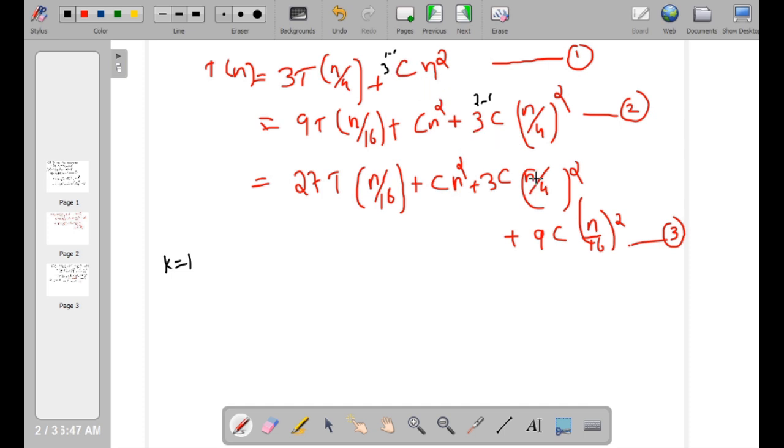In the third equation I can write 3 raised to equation number 3 minus 1. In general I can say it is 3 raised to k minus 1. So this is a sum, isn't it? This part I can write as a sigma. Here 1 minus 1 is 0, then when it is 2, this term plus 3 raised to equation number minus 1.